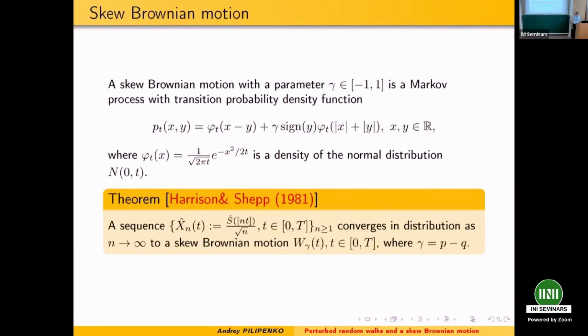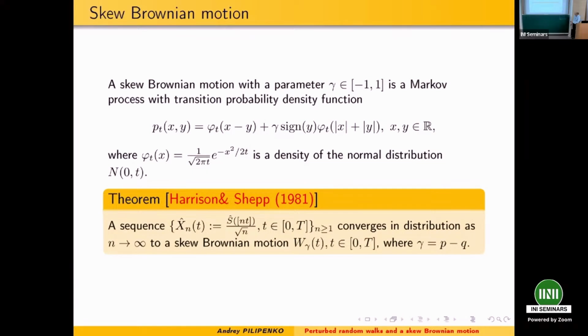It is more or less clear that the scaling of the perturbed random walk converges to a Markov process with the following transition probability density function. This Markov process is called a skew Brownian motion.